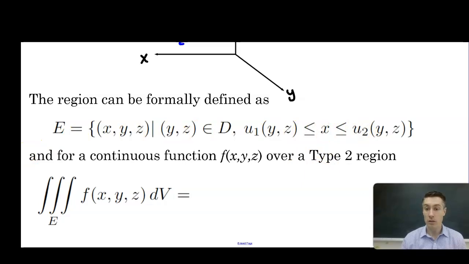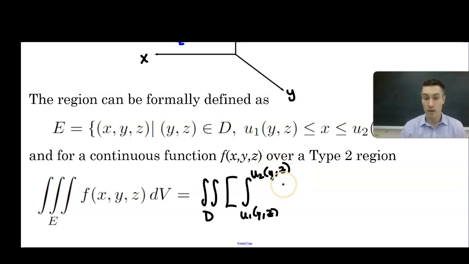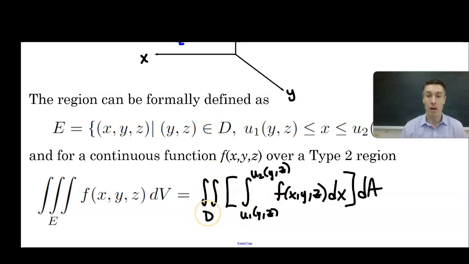And that would lead us to our triple integral, which would be the double integral over the region D, single integral between the two surfaces, so u sub 1 of y, z, u sub 2 of y, z, of our function f of x, y, z, dx now, since they're x-equal surfaces, dA. Same thing as before, the inner bounds can have two variables, middle bound 1, outer bound constants.